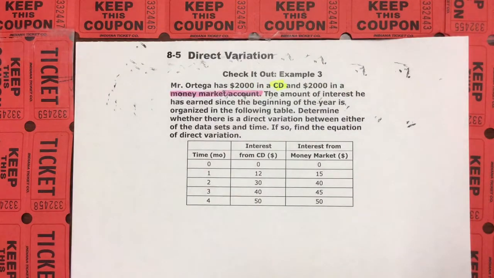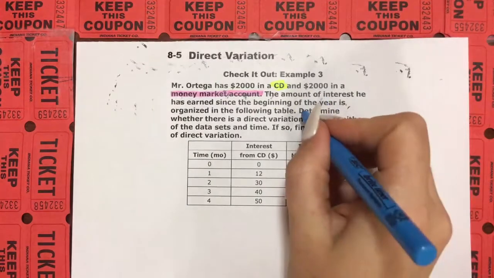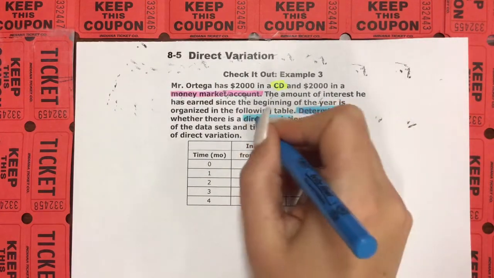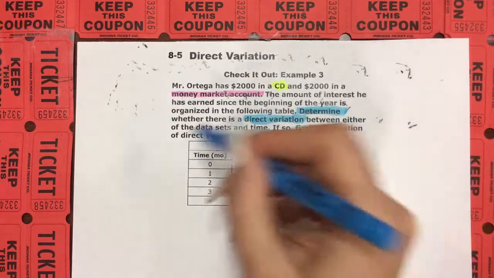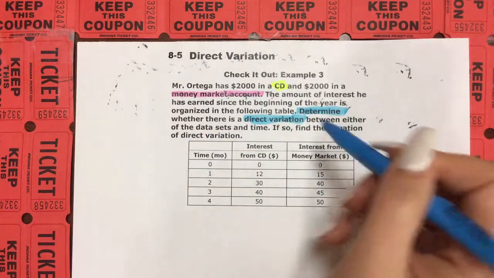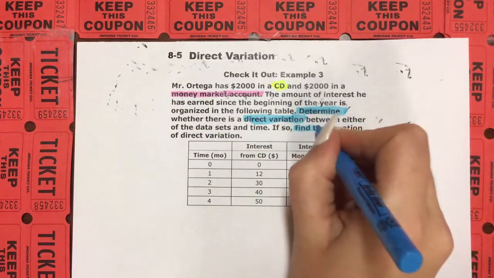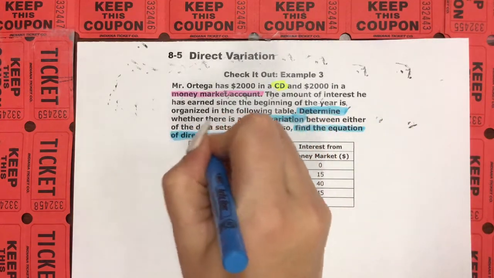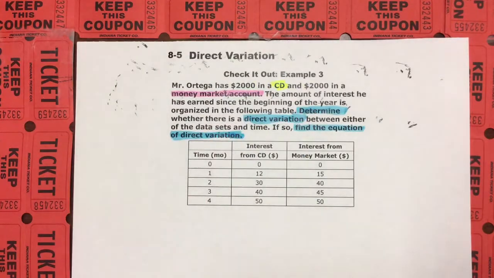The amount of interest he has earned since the beginning of the year is organized in the following table. Determine if there is a direct variation between either of the data sets and time. If so, find the equation of the direct variation. Okay, we can do it.